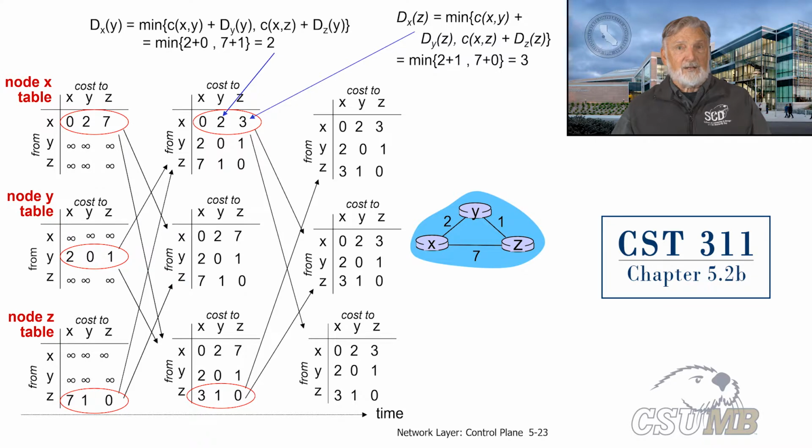This next slide now shows the first iteration node tables for Y and Z. By using Bellman-Ford, as shown for node X, node Z has updated its path cost to X from 7 to 3, which uses the route through Y. The neighbors now send each other their new DV values. The Bellman-Ford algorithm is run again, and no new minimum costs are found. The DV values are now finalized. This is shown in the grouping of the node tables on the right.